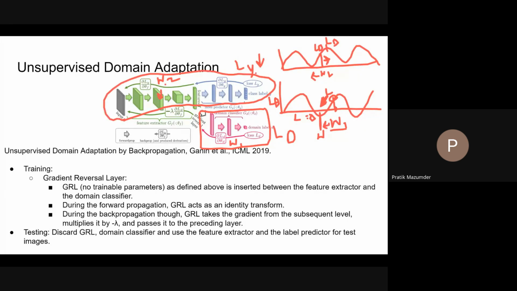But I don't want it to contain any information about which domain this cat and dog belong to, maybe an Indian cat and dog, or an Egyptian cat and dog. I don't care. So I'll try to reduce as much information as possible, such that your domain classifier is not able to identify the domain from these features. If I can do that, you can use the same classifier for your target domain, for which you have no label data, which is your Egyptian cats and dogs.